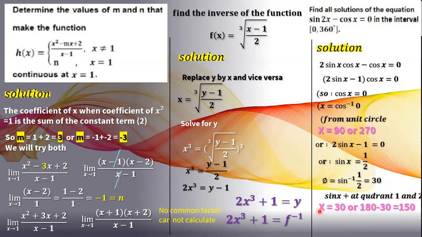In the first quadrant, x equals theta. In the second quadrant, x equals 180 minus theta, equals 150. So we have two solutions from the first one and two solutions from the second one. Then in total, we have 4 solutions: 30, 90, 150, 270.